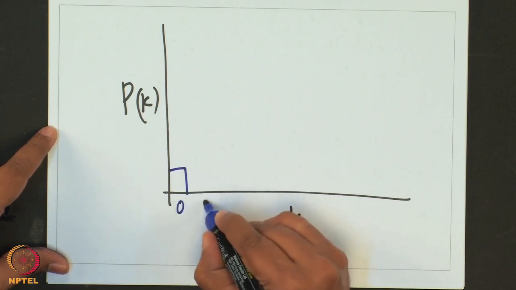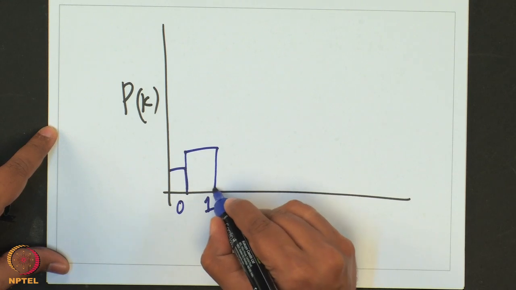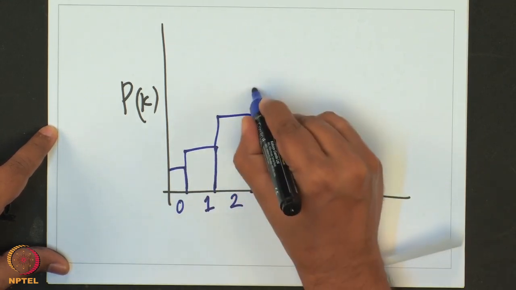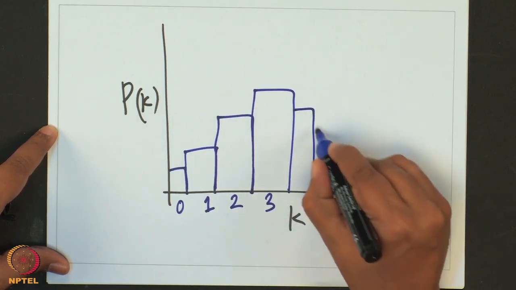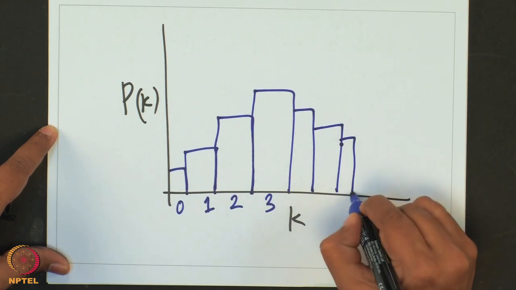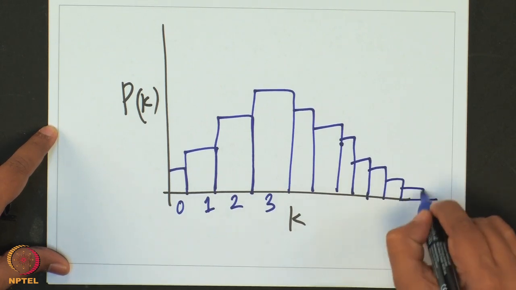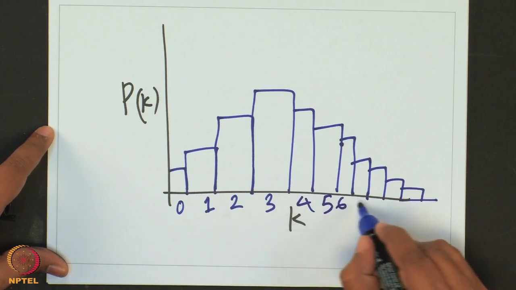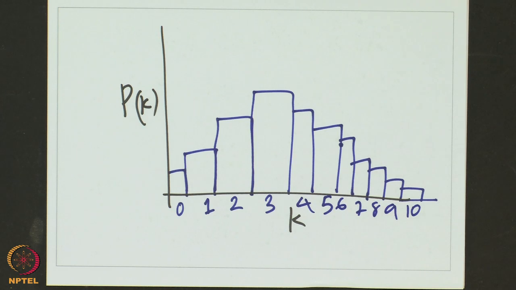How many times you got 1 yes answer? How many times you got 2 yes answers? 3 yes answers? 4 yes answers? 5, 6, 7, 8, 9, 10. So this is 0, 1, 2, 3, 4, 5, 6, 7, 8, 9, 10. These are different numbers of yes answers.